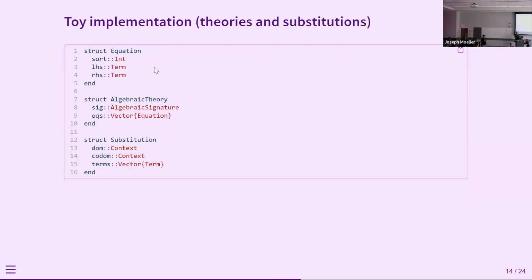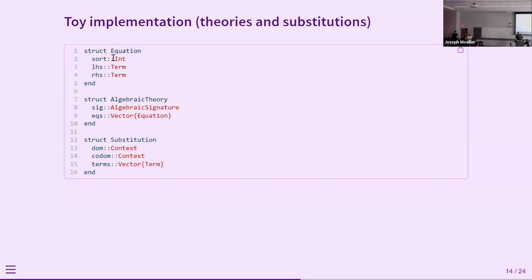So now let's go to theories. Here the math translates pretty directly. An equation is, well, a sort. Oh, this is wrong. We should also have a context in the equation. This is toy code.